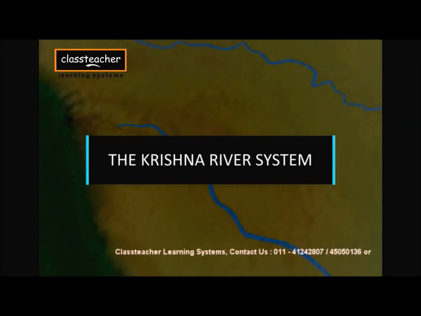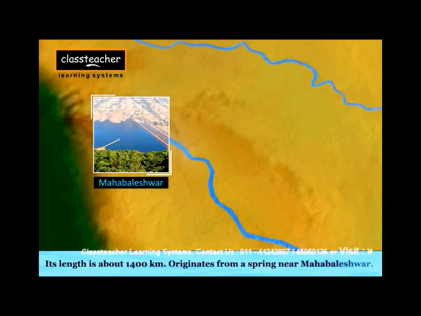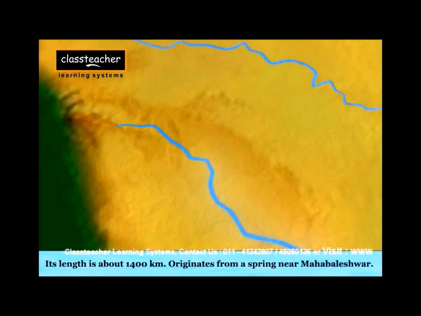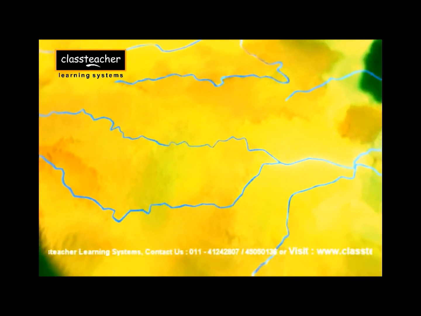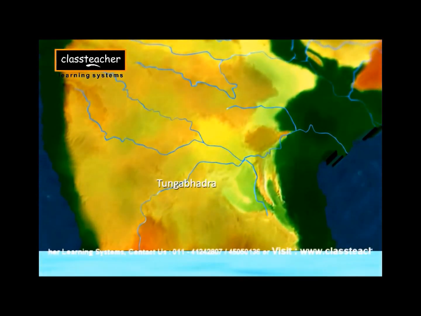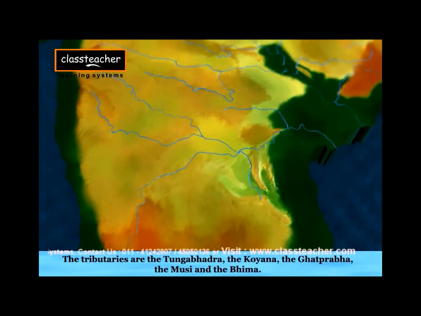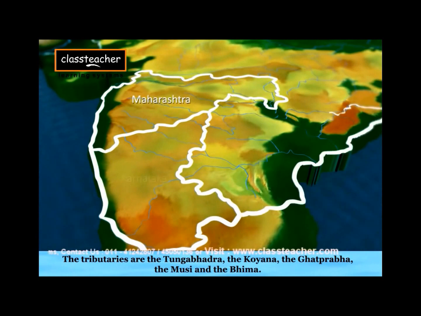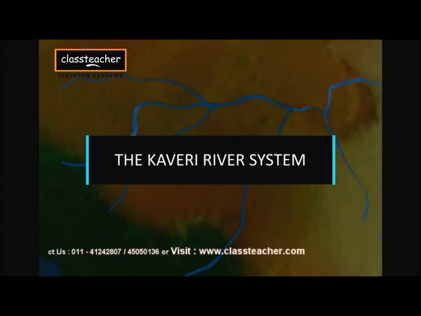The Krishna river system. The Krishna river rises from a spring near Mahabaleshwar, flows about 1,400 kilometers and reaches the Bay of Bengal. It is joined by the Tungabhadra, the Koyna, the Ghataprabha, the Musi and the Bhima. The Krishna Basin covers parts of Maharashtra, Karnataka and Andhra Pradesh. The Kaveri river system.